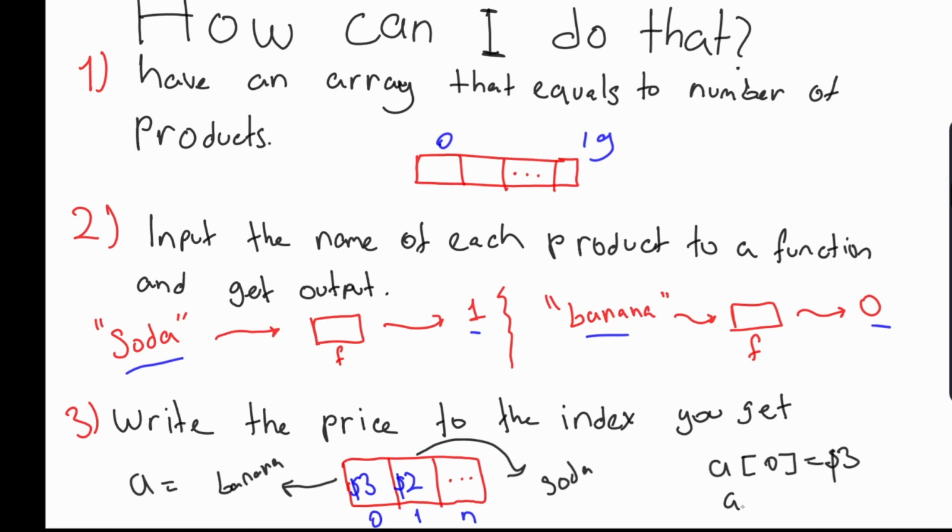If you call A on index 1, the answer should be $2. So right away, we know the answer. We don't have to go through each element one by one to find which one is coffee. We could just put it into the function, get a number, and print that out.